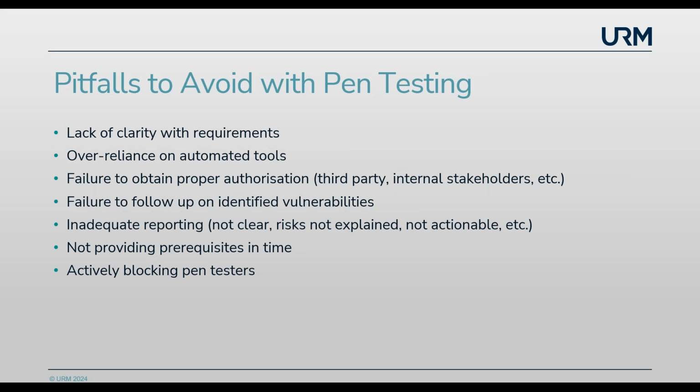And as we mentioned, having active protection mechanisms blocking the test is not going to be helpful in identifying as many issues, because the aim of the test is to identify those for you to be able to fix.